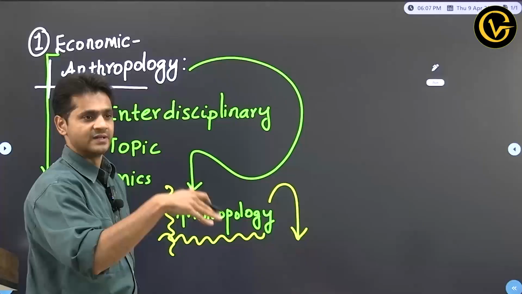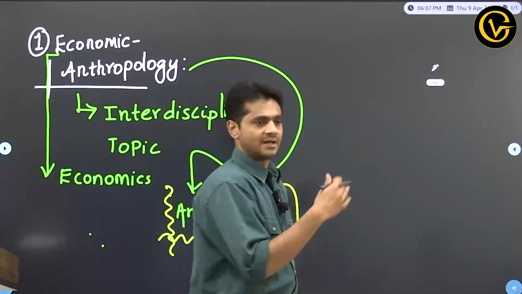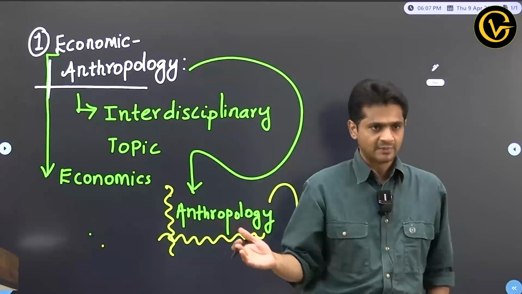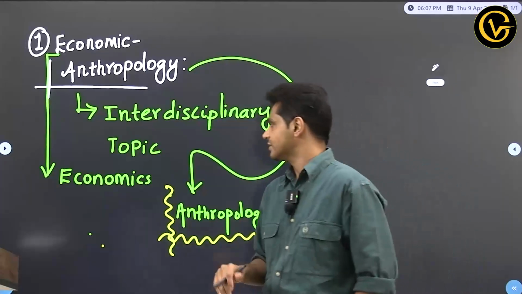Anthropology is the study of humans in totality. Like we have mentioned multiple times, anthropology is like study of culture, study of social institutions. This is what anthropology is. You will get a more comprehensive understanding by the end of the 10th session.